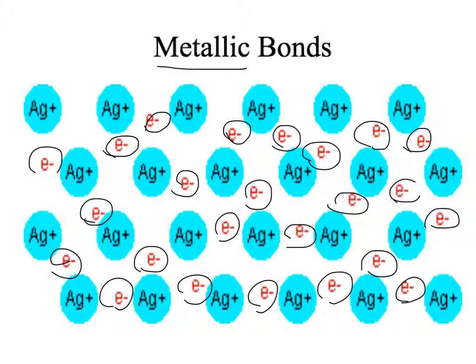And electricity is the flow of electrons. It makes it malleable because those electrons are able to just slide past each other and move wherever they need to move when the hammer hits it or you're drawing it out into a wire. So metallic bonds are just between metals, and rather than the electron being attached to one particular atom, it's kind of spread out throughout the whole thing.